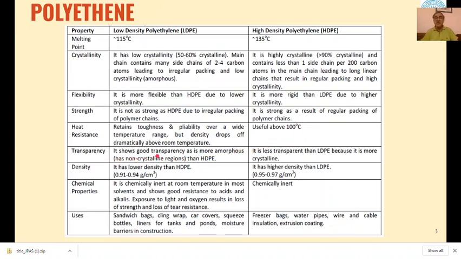Then transparency. LDPE shows good transparency as it is more amorphous than HDPE. HDPE is less transparent than LDPE because of high crystallinity.